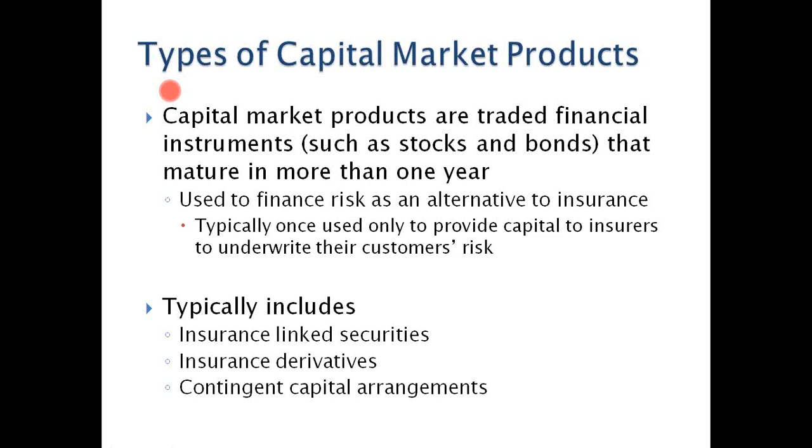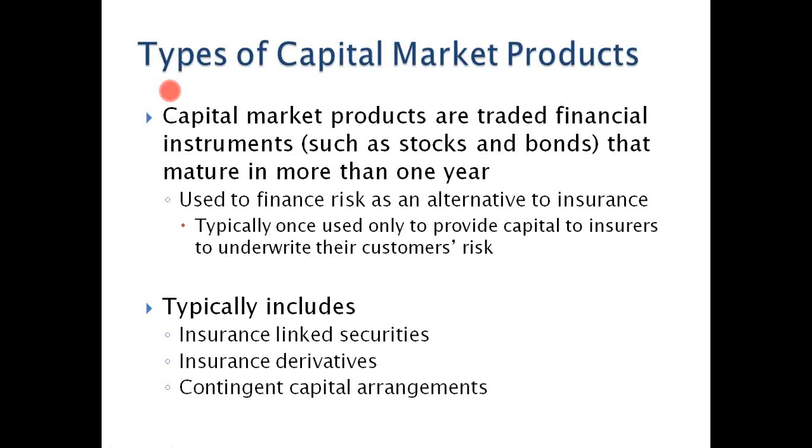So again, it's used to finance risk as an alternative to insurance because it's now being seen as an investment by others, and was typically once used only to provide capital to insurers to underwrite their customers' risk. So where it was only used by the insurance companies prior, now it's even being used by other organizations outside of insurance, that are looking for other investors to basically buy into some of the risk that they're taking on.